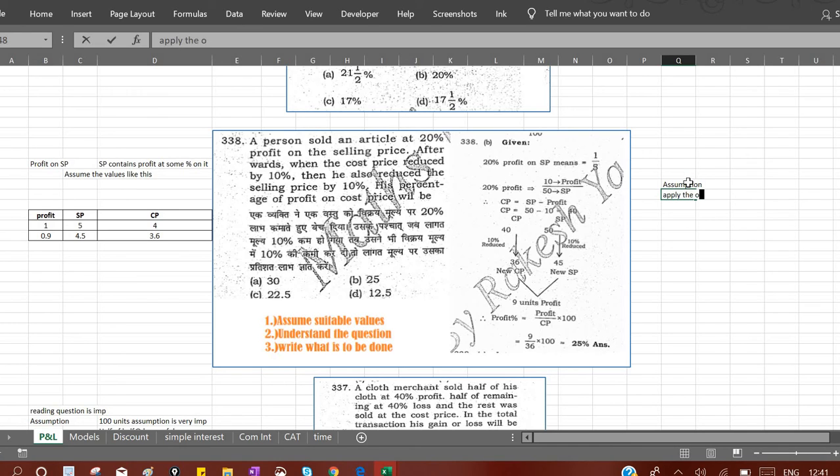And what we can do later on is find out the new SPs, and then we can calculate the new SP, new profit percentage.